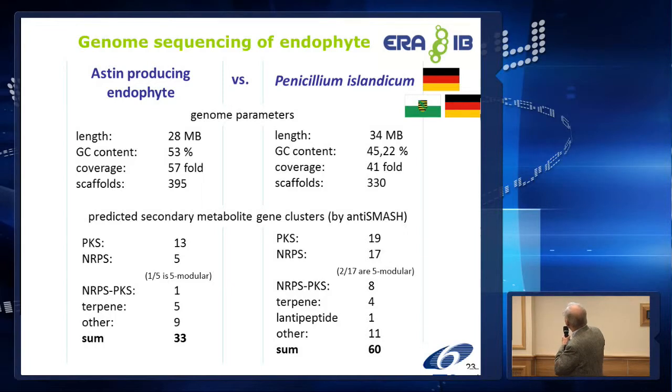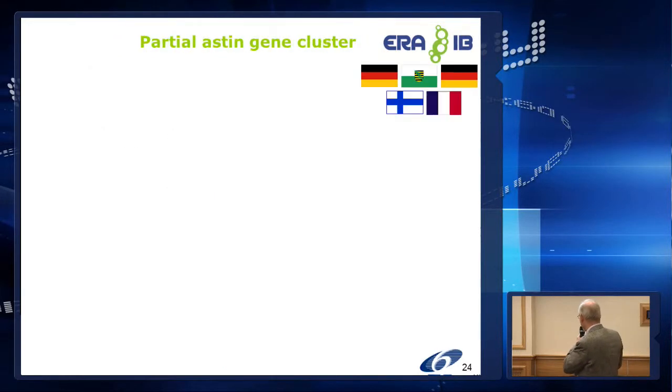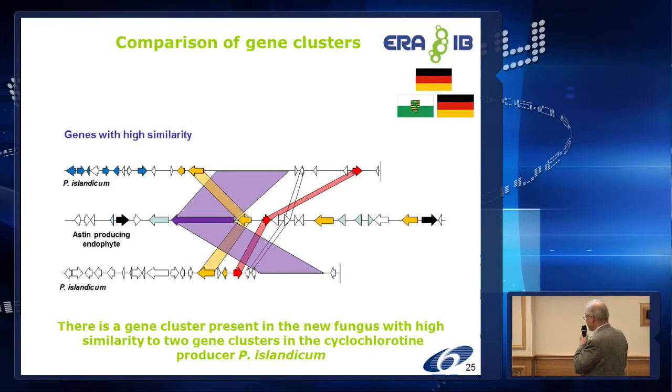And of course, the question now is, what is this fungus doing? Is it just producing the astins, or is it also producing other compounds which are used in the root extracts of the plant? Of course, I cannot show you details of the sequencing data from the new fungus.